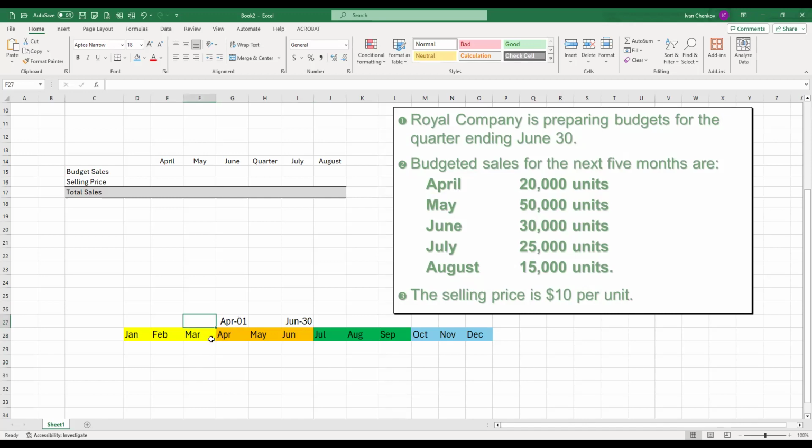So the first quarter ends on March 31st, correct? How distant is the end of the first quarter from the beginning of the second quarter? Do you know? Sometimes that gives you a lot of trouble when somebody says the ending balance of the first quarter is the beginning balance of the second quarter, and you start thinking, oh, what's happening here?